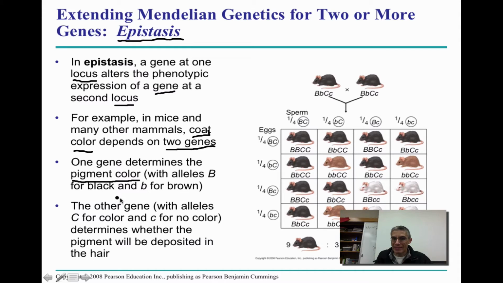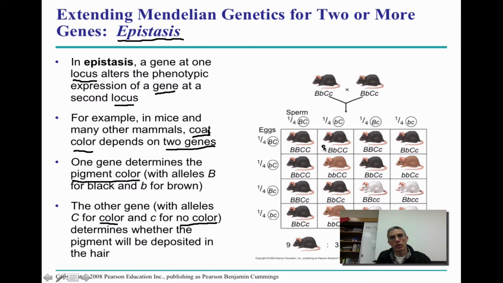But there's going to be a second gene, and this gene is going to actually code for whether or not the animal itself actually has color, C or lowercase c, for no color. So this is going to determine actually whether or not the pigment itself is going to be deposited in the hair. So one's going to determine the color, and then one's going to determine the actual deposition of the pigment. So it's going to show up in the phenotype.